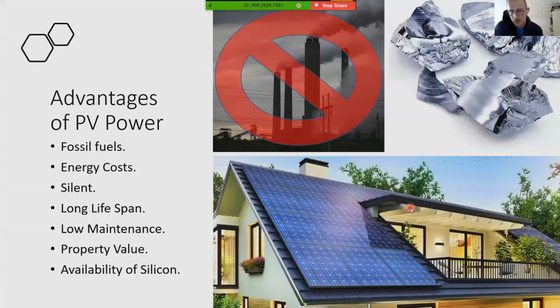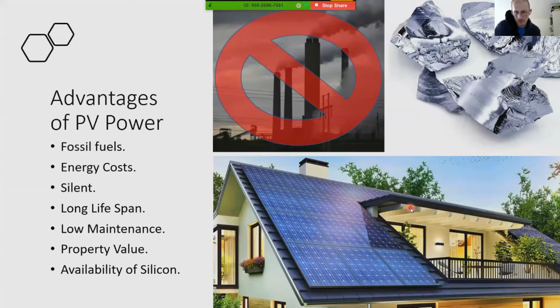So the advantages of photovoltaic power: it reduces your dependency on fossil fuels for your energy needs. It also reduces your energy costs, and it also gives you the chance to add energy back to the grid. They're totally silent. They have a pretty long lifespan depending on what kind of panels you get.